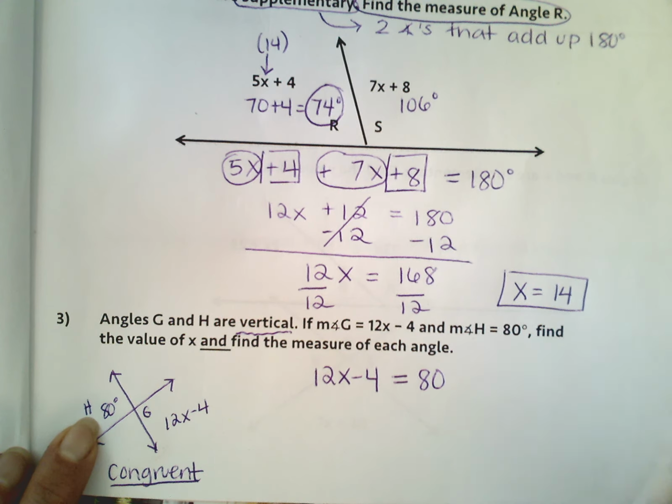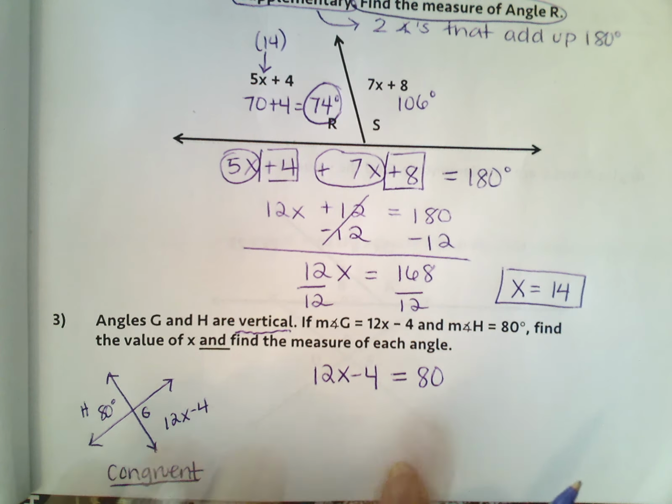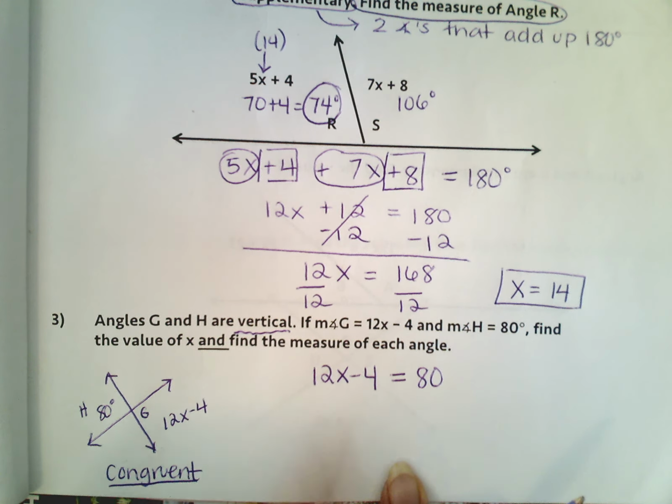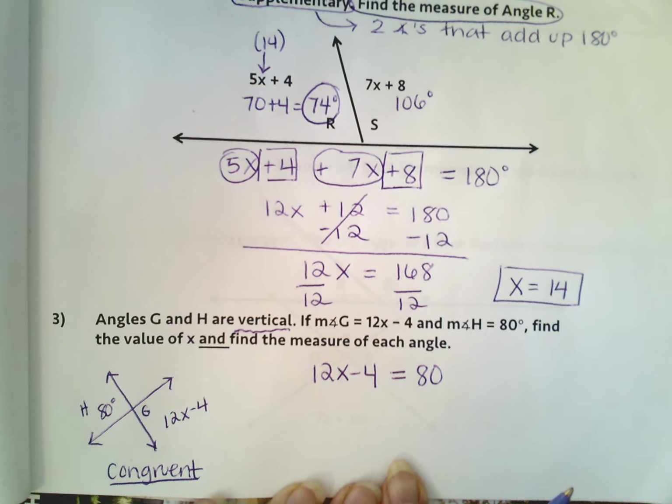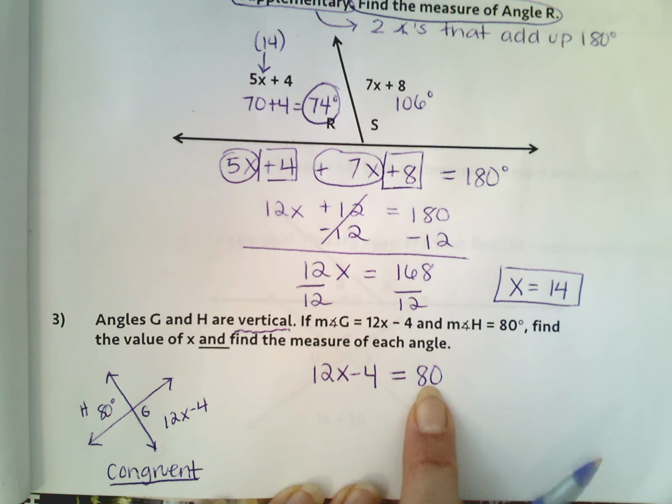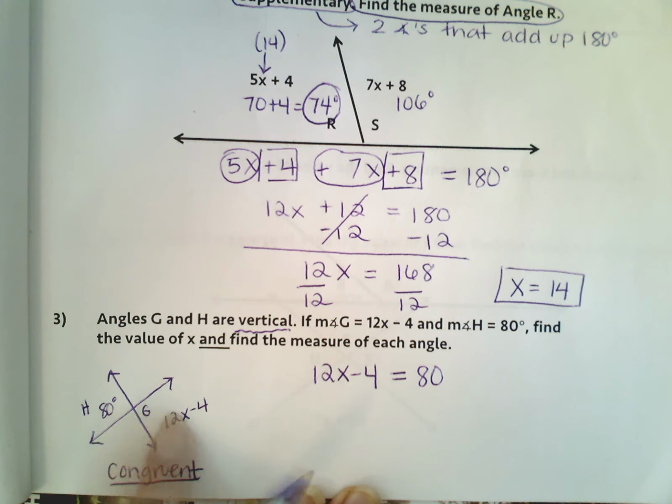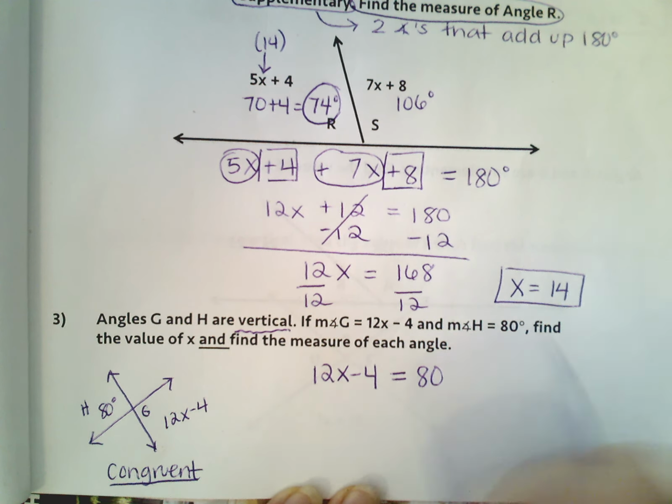You can write it 80 equals 12x minus 4 as well. That's the commutative property. I just prefer to have my variable on the left side, and I know most of you do as well. So this is equal to 80 because they are vertical angles across from each other on two intersecting lines.